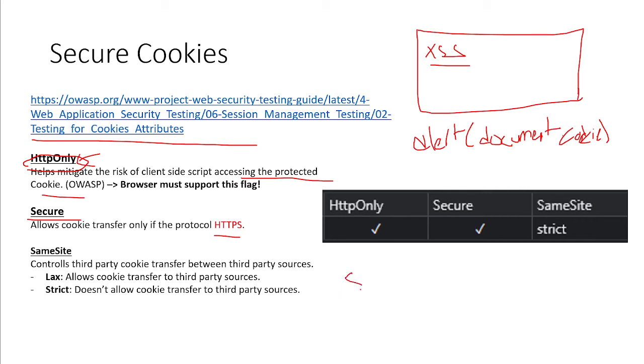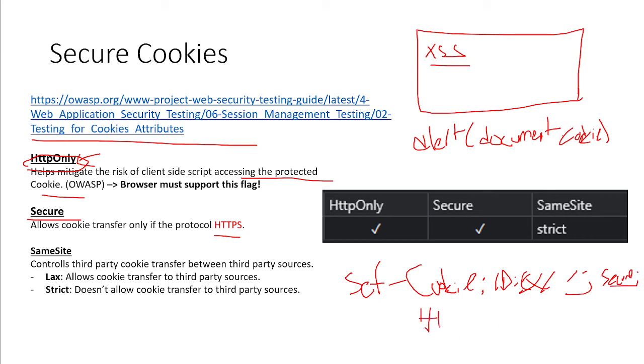We are using the Set-Cookie response header to set cookies, and for example this is a cookie id blah blah blah, then Secure. Also we can add HTTP only, etc.